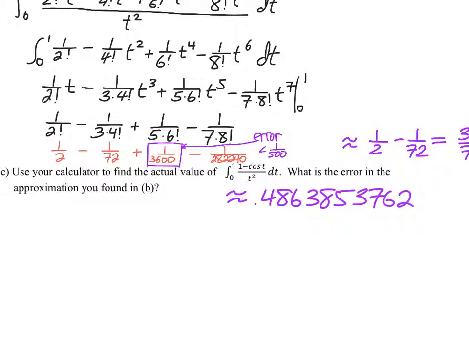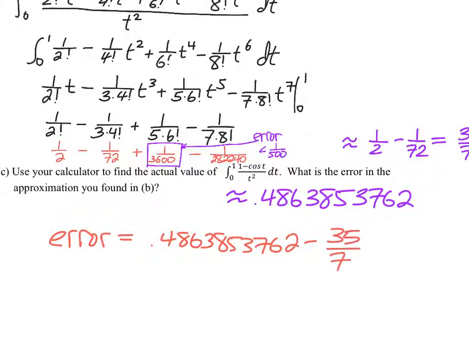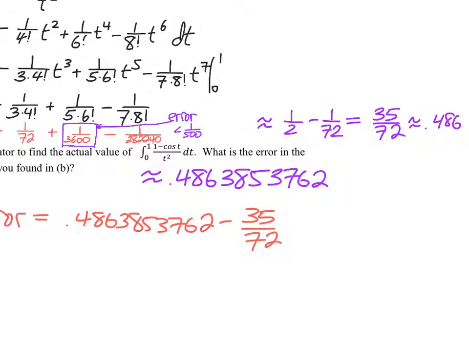Now, the amount of error in the approximation: we wanted it to be less than 1 in 500, so let's see if that ended up being the case. The error would be equal to 0.48638537762, and from that I would subtract the 35 over 72 value. I believe that was the number.